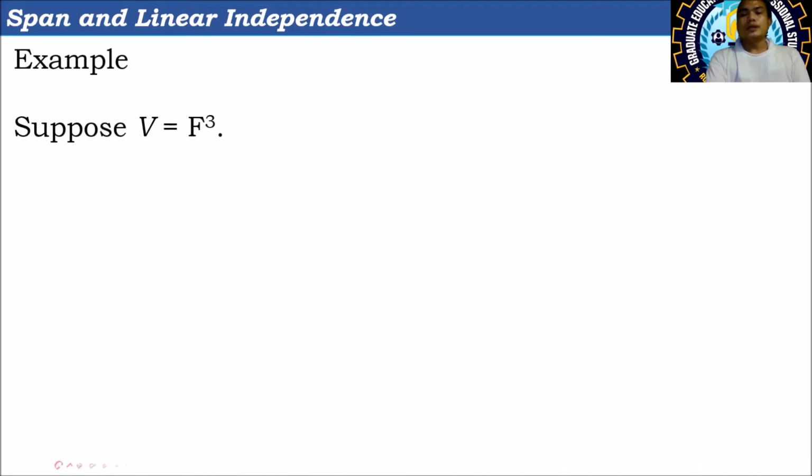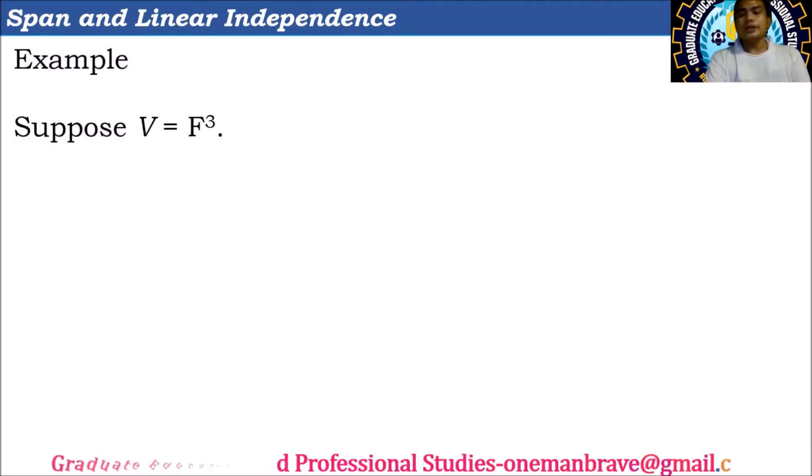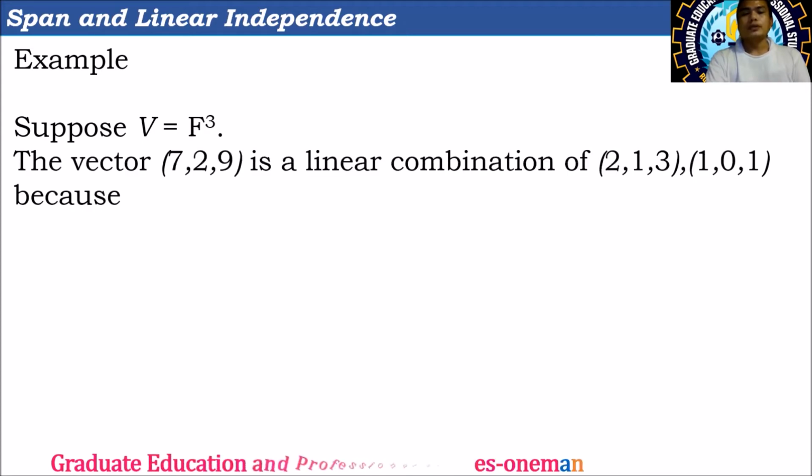Example: suppose V is equal to F cubed. The vector (7, 2, 9) is a linear combination of (2, 1, 3) and (1, 0, 1).